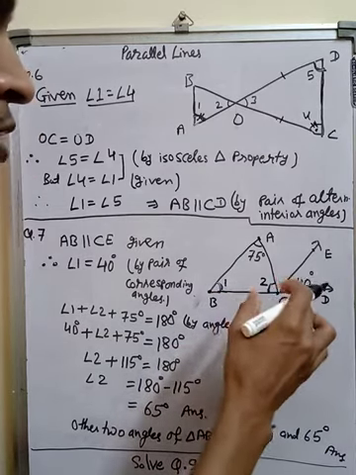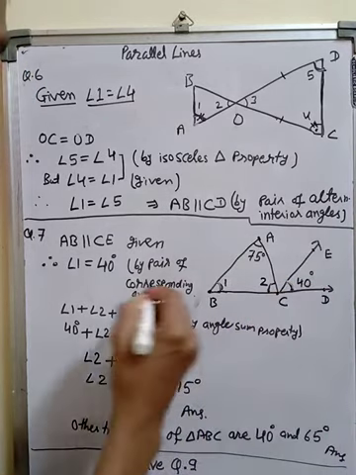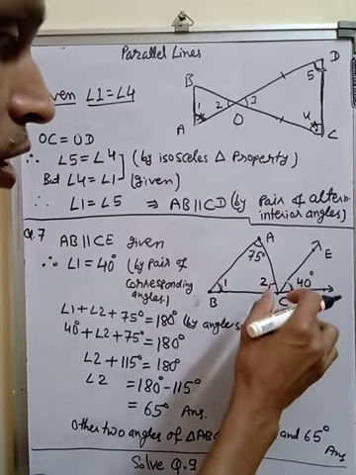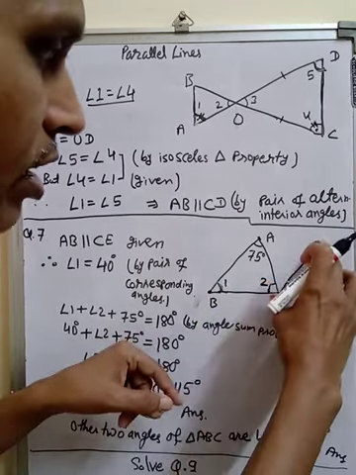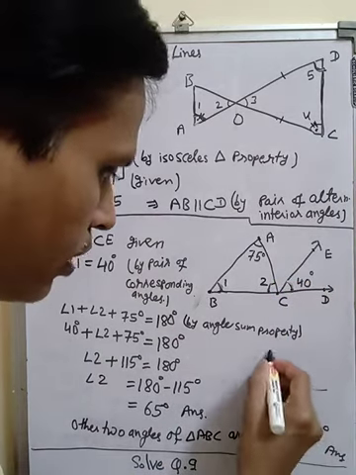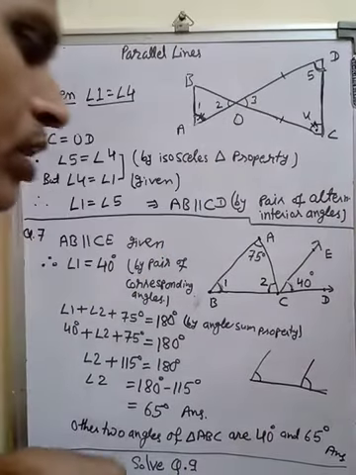So these will be equal by corresponding angles. This is 40, so angle 1 will be 40 degrees because these are corresponding angles and the lines are given parallel. Once again I am drawing the same condition here. This and this, which type of pair is it?